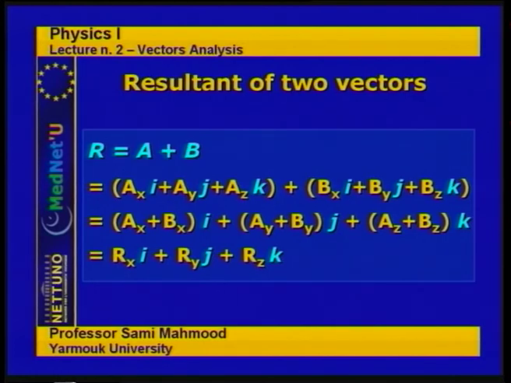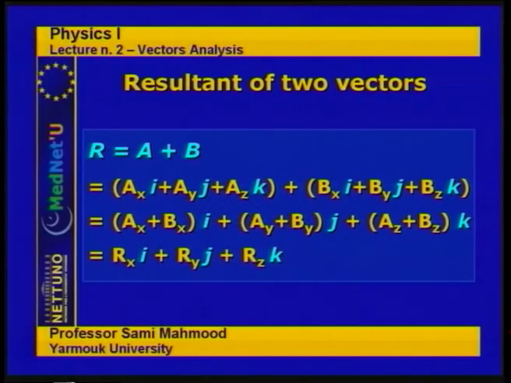So we add the similar components together, and thus we add Ax plus Bx and the direction of this resultant is in the x direction. We add Ay plus By, and the resultant is in the y direction for this component. And we add Az plus Bz, and the resultant for this component is in the k direction or in the z direction.